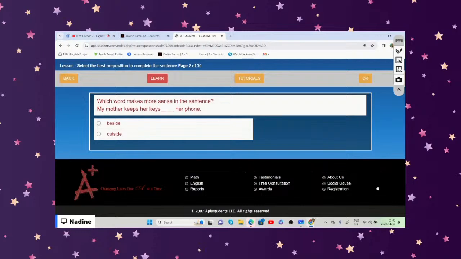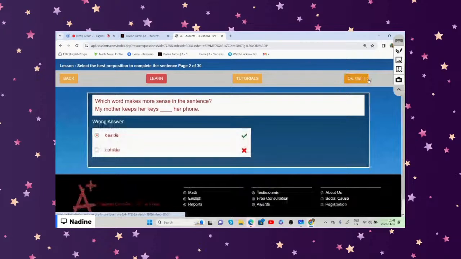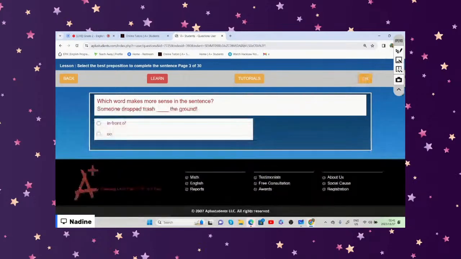Let's try your one, which is outside her phone. So basically, it is beside. It's like saying next to the phone, right? But well done for trying. Great job.